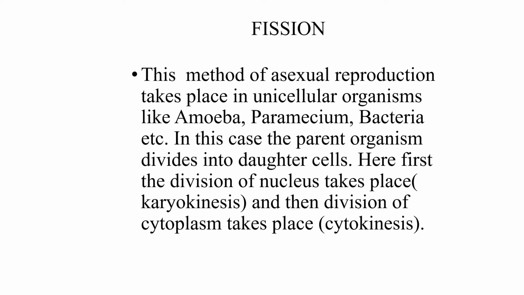This method of asexual reproduction takes place in unicellular organisms like amoeba, paramecium, bacteria. In this case, the parent organism divides into two daughter cells. First the division of the nucleus takes place, that is called karyokinesis. Then division of cytoplasm, that is called cytokinesis.